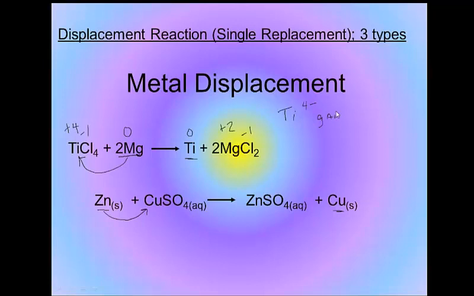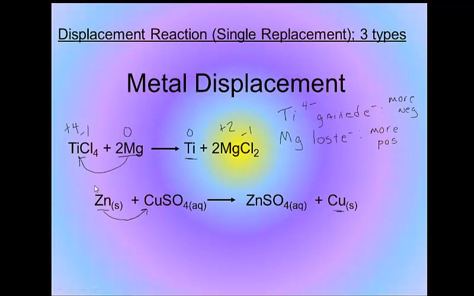That means it gained electrons. That means it's more negative. Notice that the magnesium element went from a 0 to a +2. That lost electrons. It became more positive.